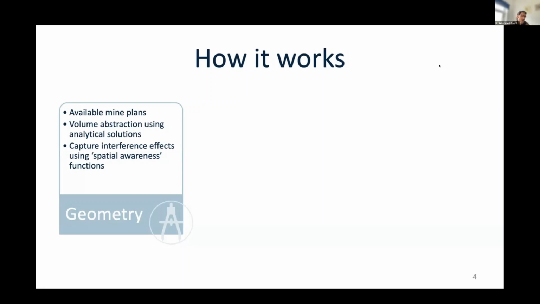And then what we do is we abstract the volume of rock in between these roadways, around these roadways. And to do this, we've developed what I would call spatial awareness functions, which allow us to weight different analytical solutions in different parts of the system.